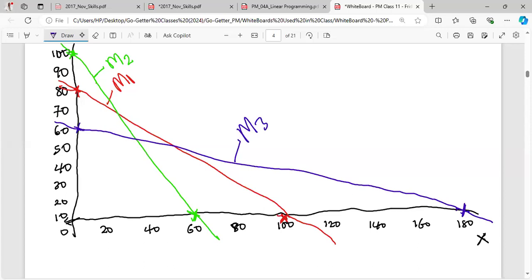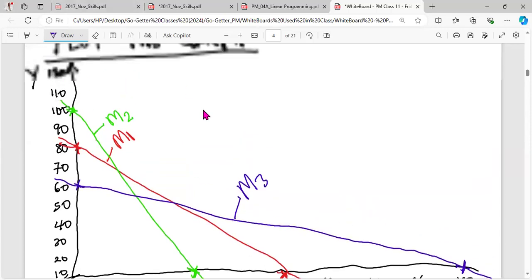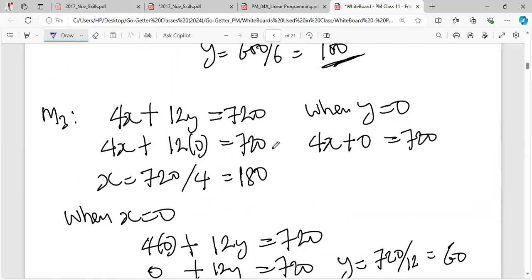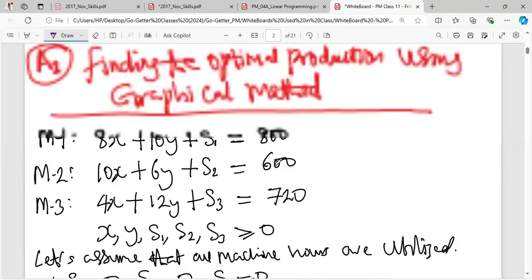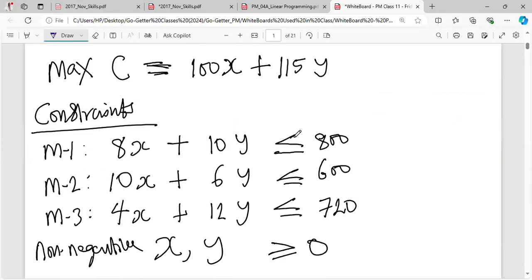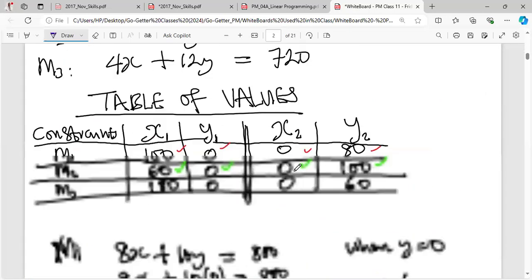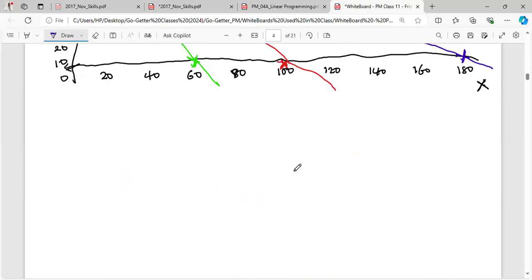Now, when you have done all of that, you need to identify your feasible region. How do you know your feasible region? Remember, before, they were all less than or equal to.